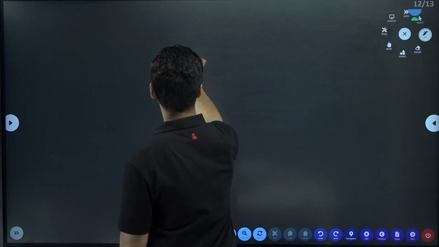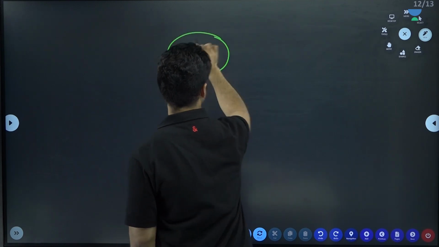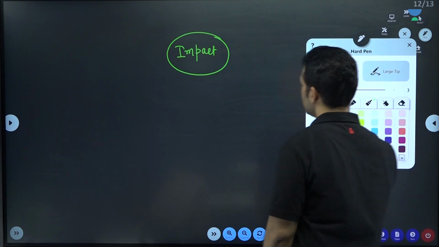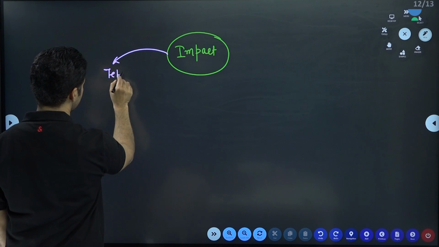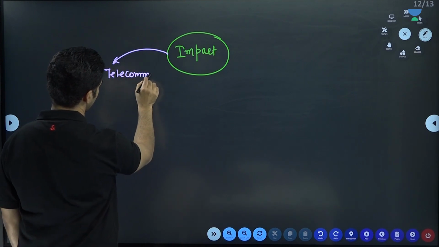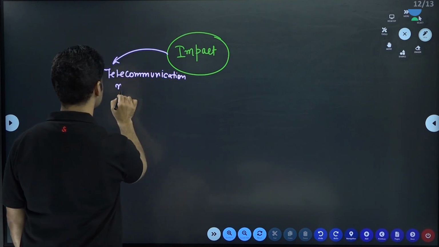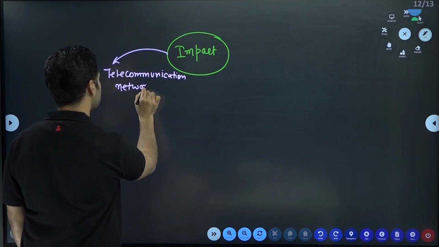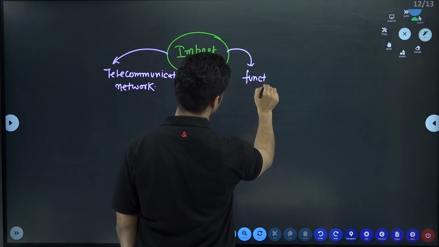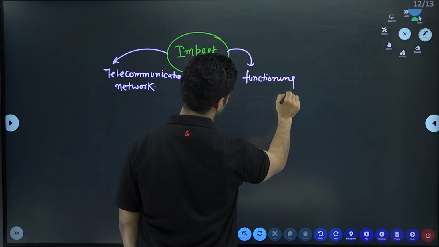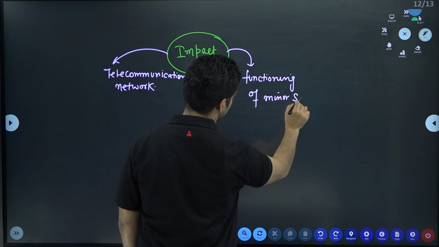Now, the question is what will be its impact? Generally, what are the impacts of these solar storms? First of all, it can affect the telecommunication network. It can affect the functioning of minor satellites.